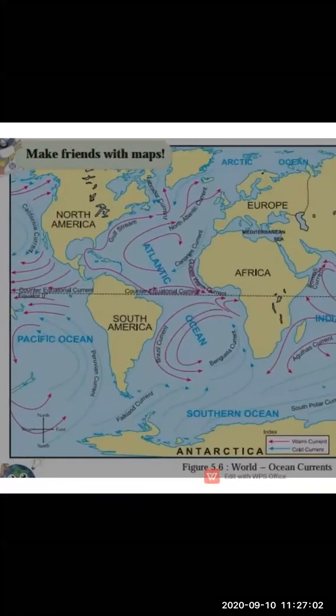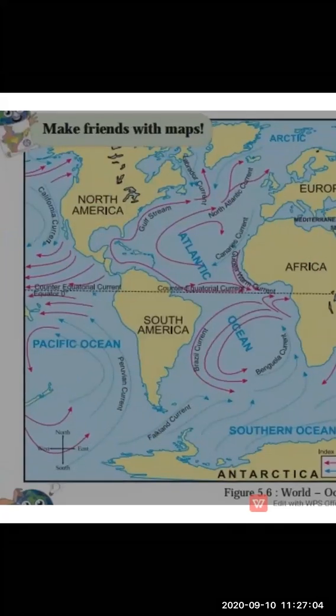They flow from the equator to the polar regions, from the north pole toward the south, and from the south pole again they move towards the equator. You can see here on the world map how they are moving: from the equator towards the polar regions, and again from the polar regions towards the equator. So this process takes place.